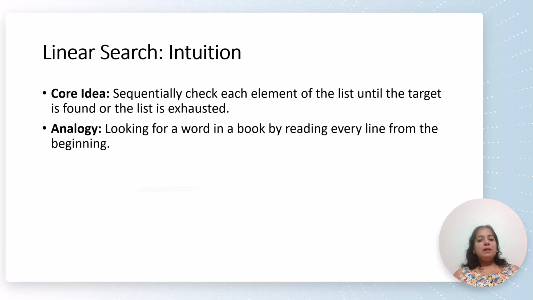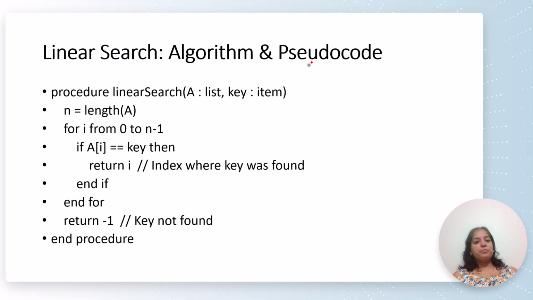For example, if you have a book and you want to find a certain chapter, you go through every page of the book to find that chapter. That is called a linear search.